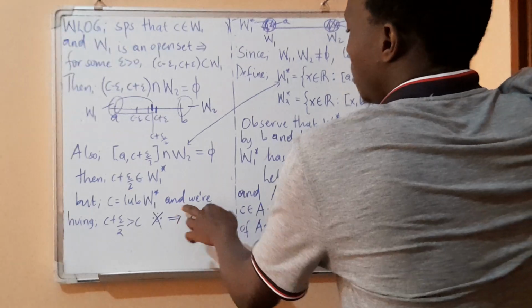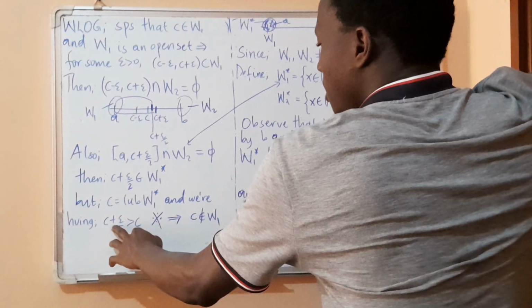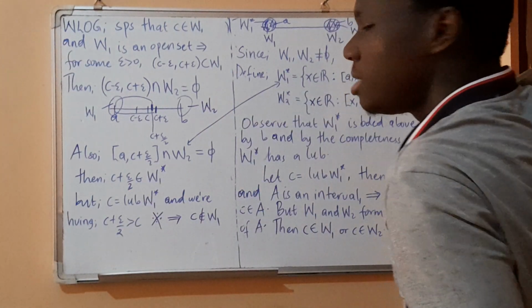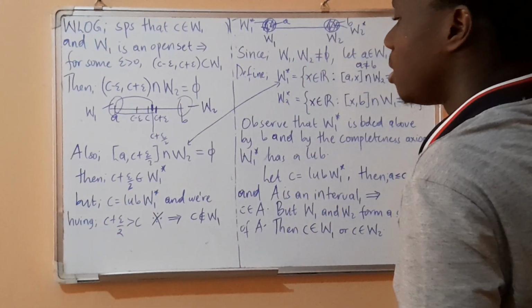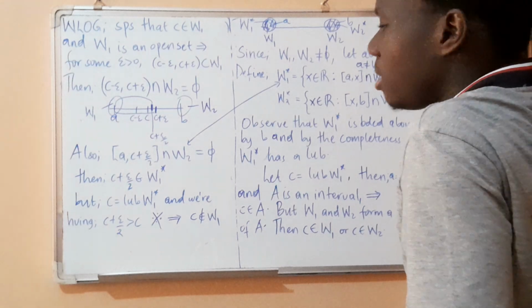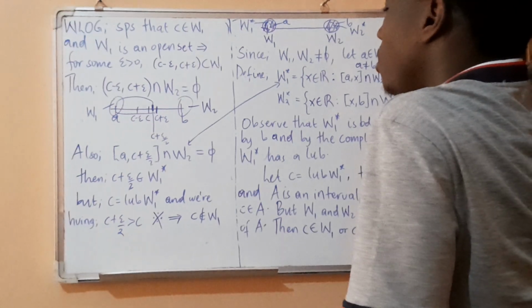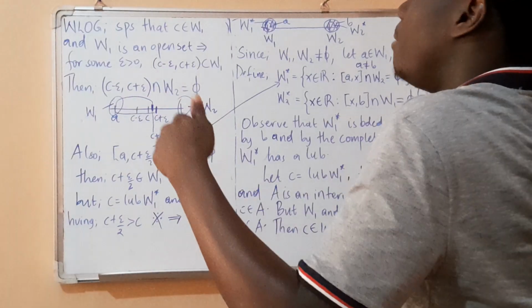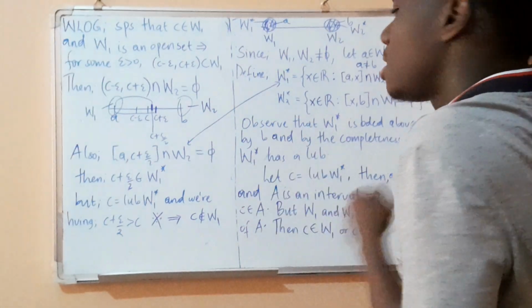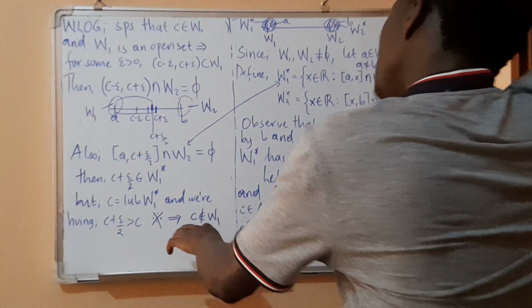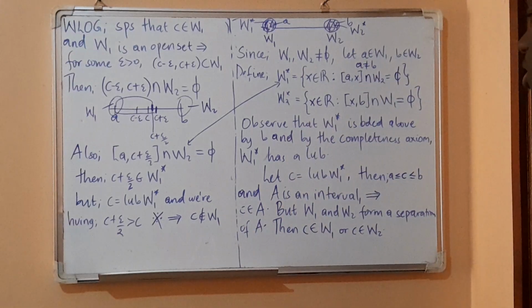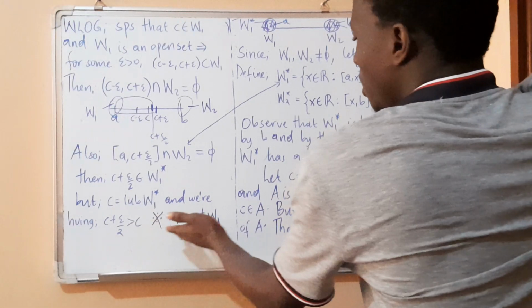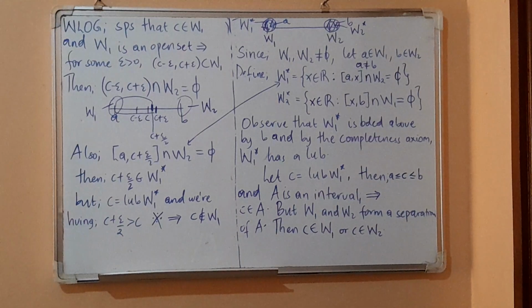That is a contradiction to the definition of the least upper bound, because every element in the set must be less than or equal to the least upper bound. So our assumption that C is in W1 was wrong, and we have C not being in W1.